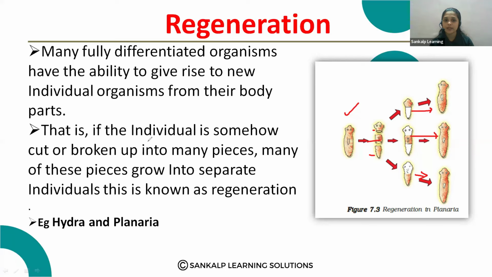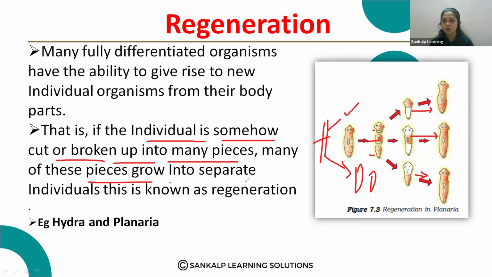So here the individual is somehow cut or broken up into many pieces. If by accident this planaria is divided into two parts, then the two parts also develop into new organisms. So many of these pieces grow into separate individuals. This is known as regeneration.